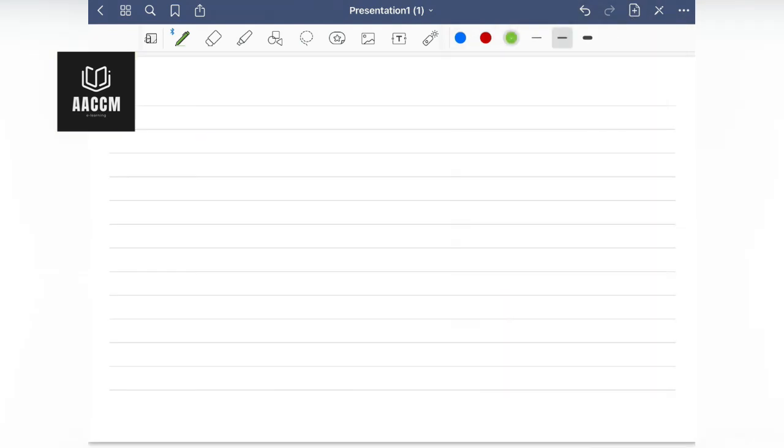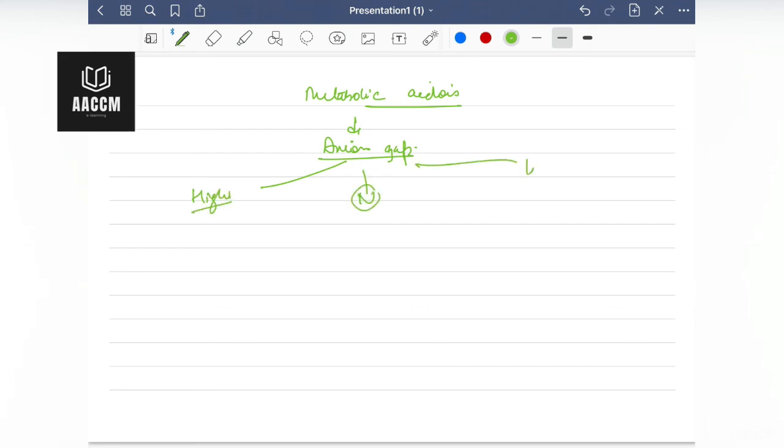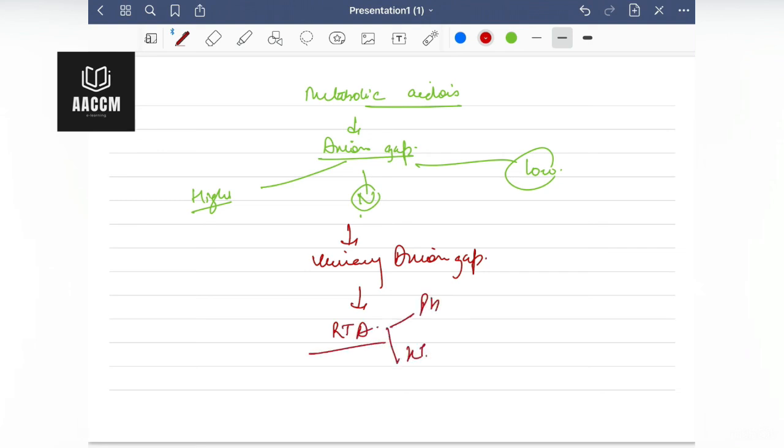Sorry for that. So, summarizing in today's lecture, once we have diagnosed metabolic acidosis, we have to see the anion gap. The anion gap can be high, normal, or low. If the anion gap is normal, we have to see the urinary anion gap to differentiate between different types of RTAs depending upon pH and potassium values.